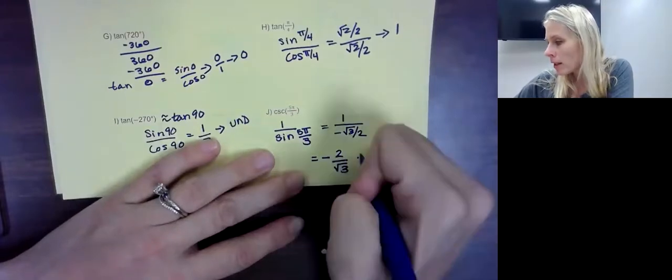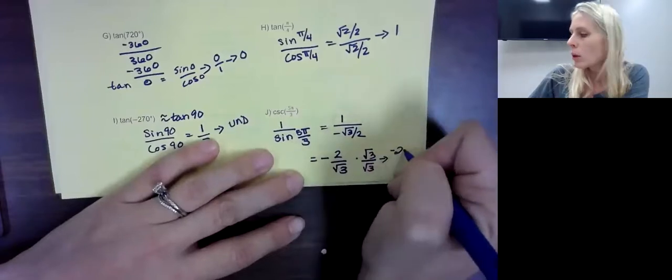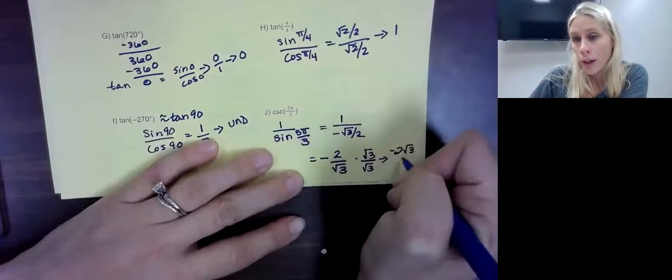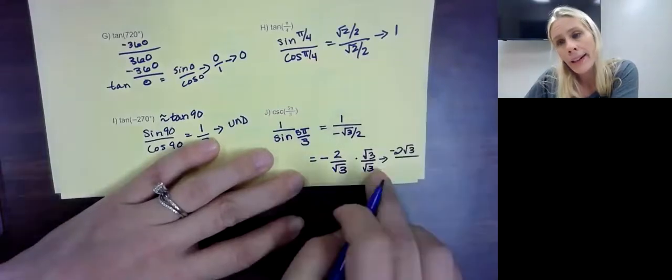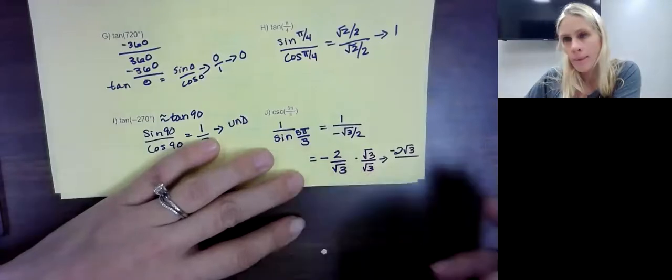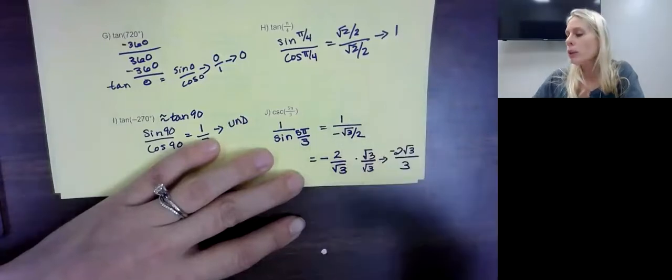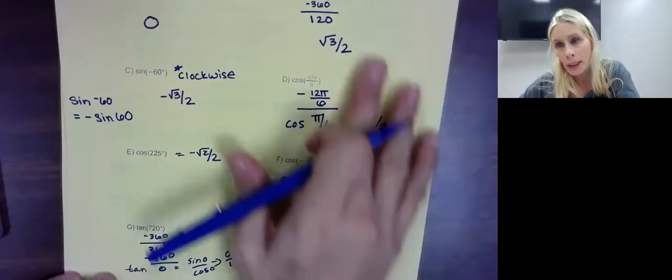And whatever we multiply the bottom by, we multiply the top by. So when we do that, we get negative 2 square root of 3, all over the square root of 3 times the square root of 3, which is the square root of 9. What's the square root of 9? 3. And we're done.